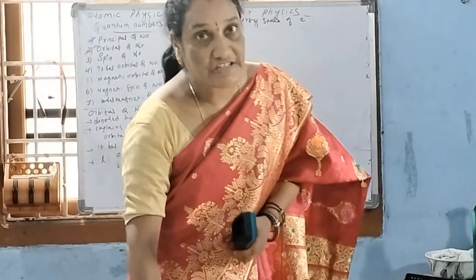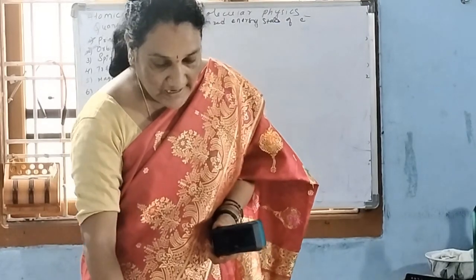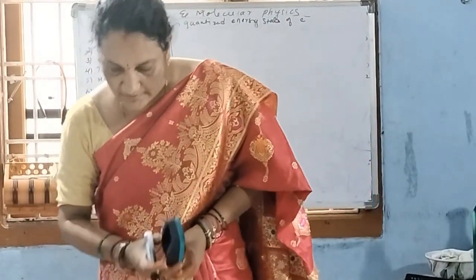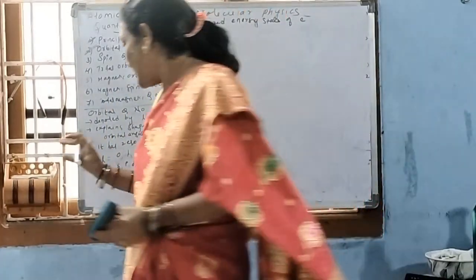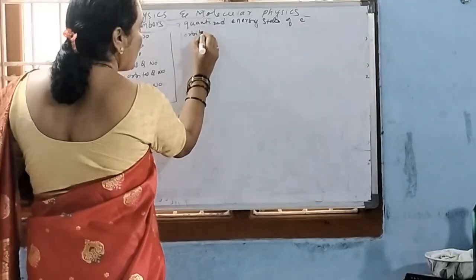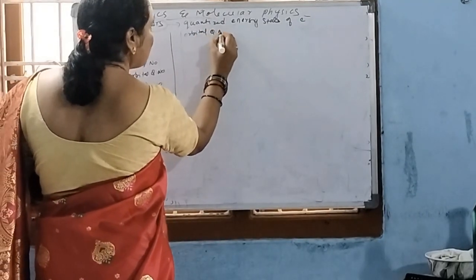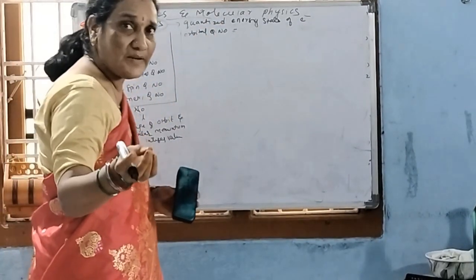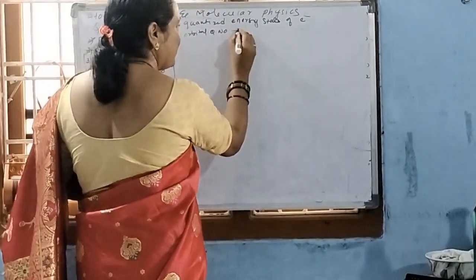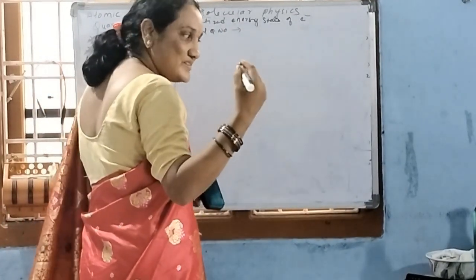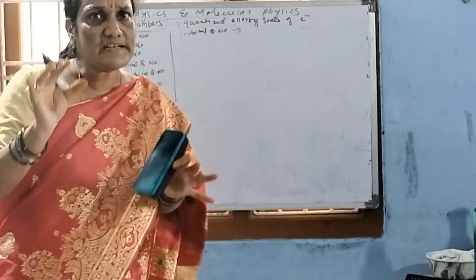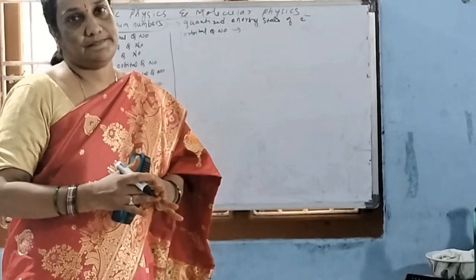Now next, the orbital quantum number gives information about the complete structure of the principal orbit.